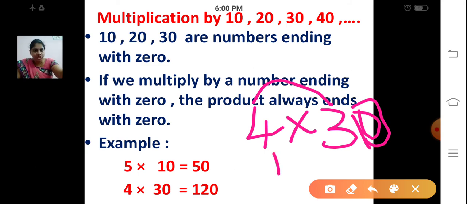So, write down 12 first. Followed by this, you write that 0 at the end. You have only 1 zero in the question, so that 0 you write to the right of that answer. So 4 into 30 is 120.